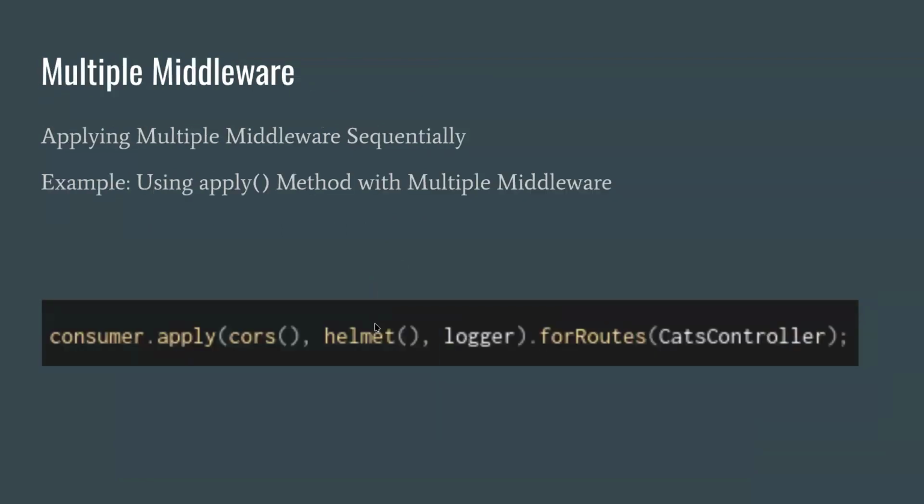Multiple middleware. In order to bind multiple middleware that are executed sequentially, you need to provide a comma-separated list inside the apply method. You can see in this example, we are applying cors, helmet, and logger middleware to the CatsController.